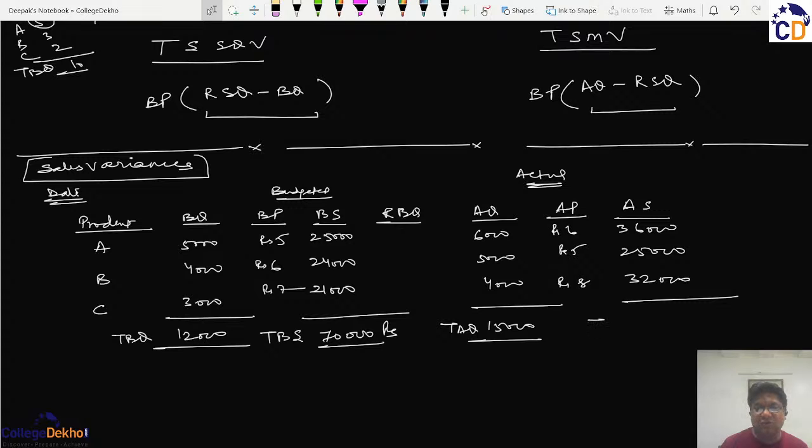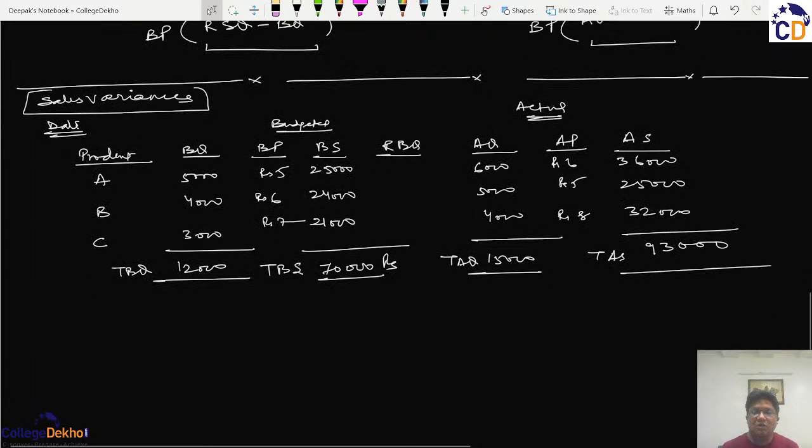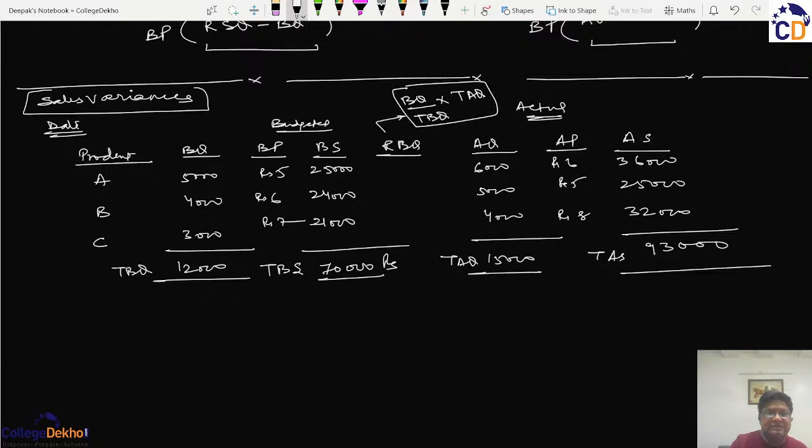This denotes the total actual sales, and the figure that comes out is 93,000. And based on this, where BQ upon TBQ is multiplied by the total actual quantity, you can calculate easily.